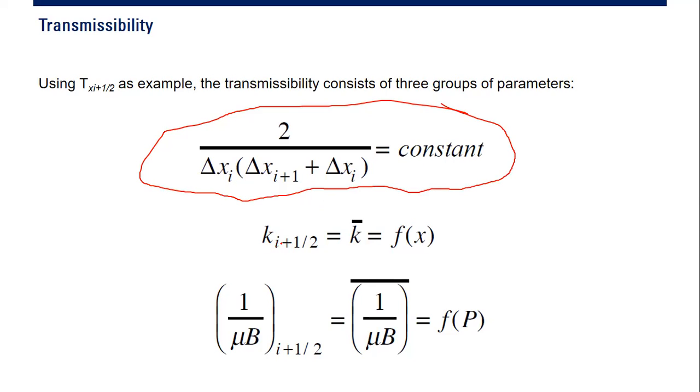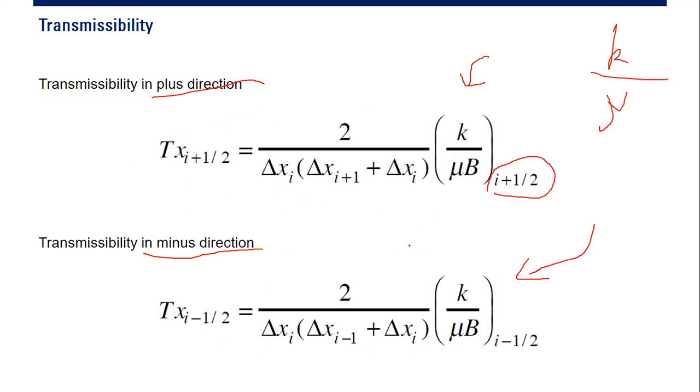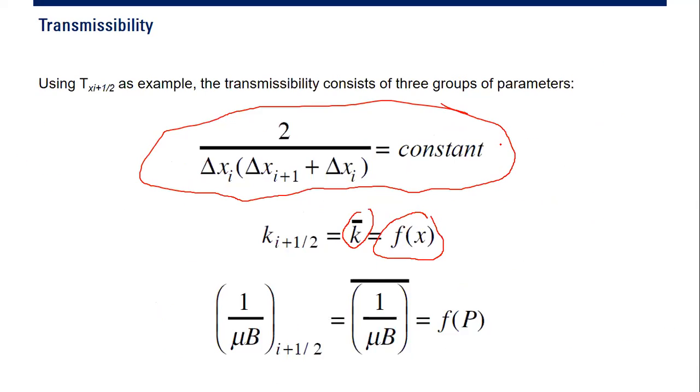And then K at i plus half, we can call it K bar, is a function of X. And 1 per mu B at this grid block i plus half, we can rewrite as 1 per mu B bar, a function of pressure.